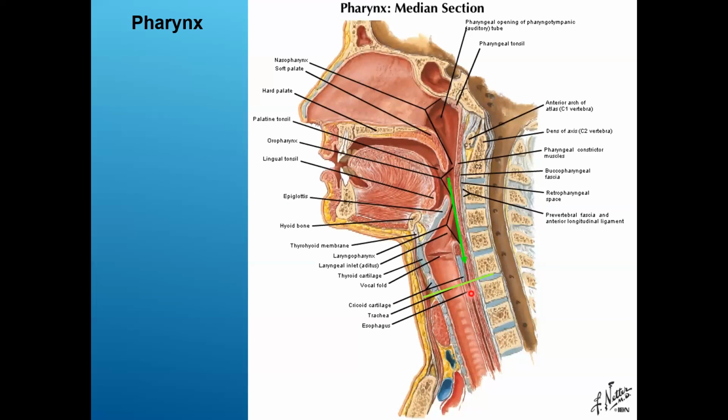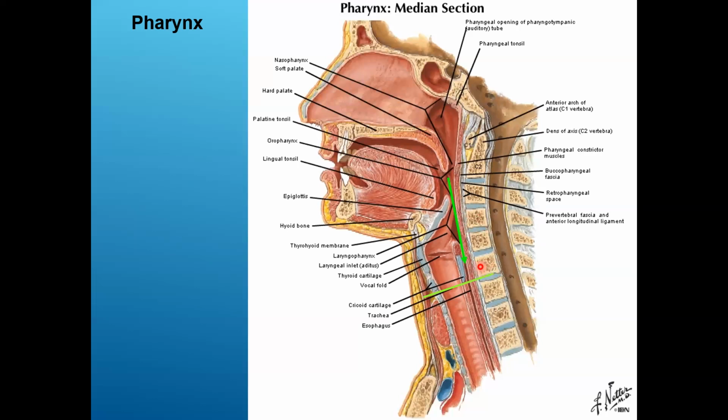And from now on, we're going to refer to horizontal levels by referring to vertebral levels, right? We have the vertebral column, we have cervical vertebrae, then we have thoracic vertebrae, then we have lumbar, sacral, and coccygeal, right? So, for example, this is the first cervical vertebra, this is the second, this is the third, and so on. Okay, so this is the sixth, so we call it C6.